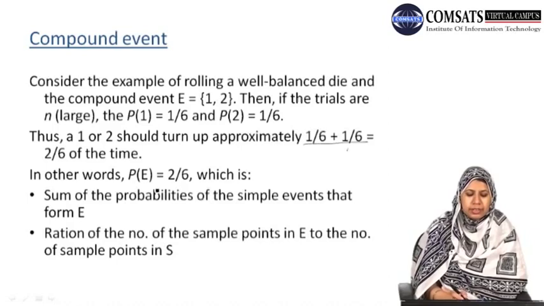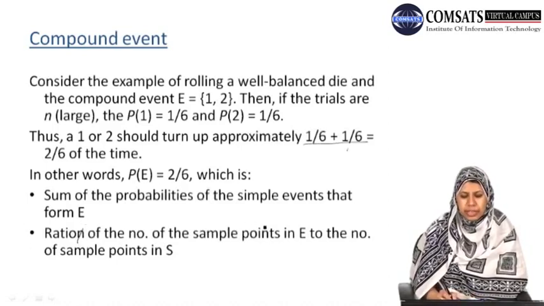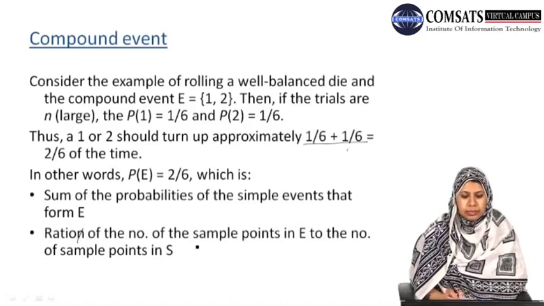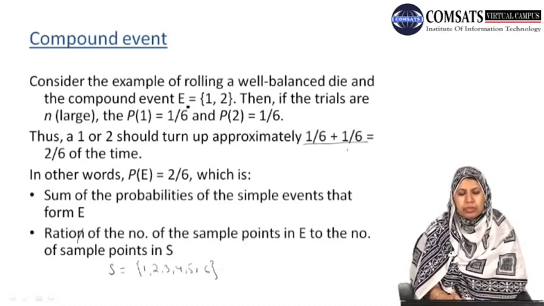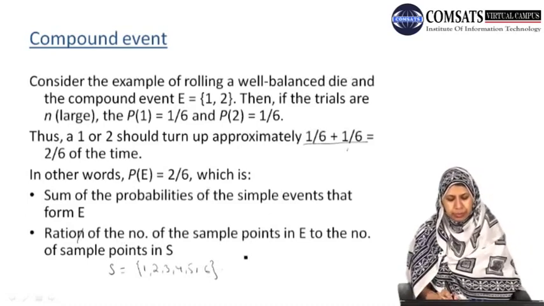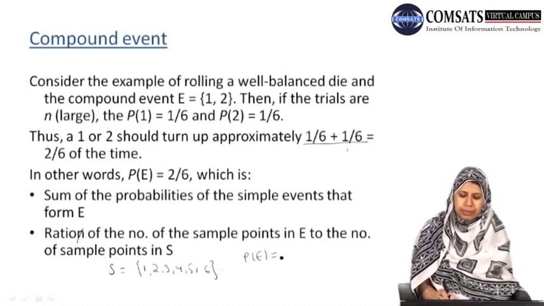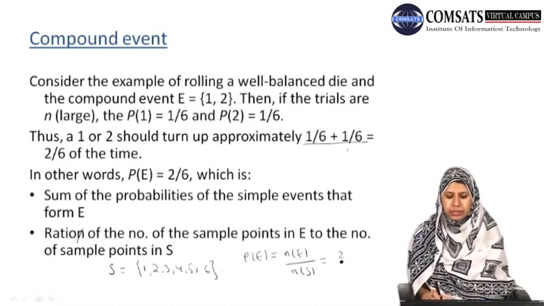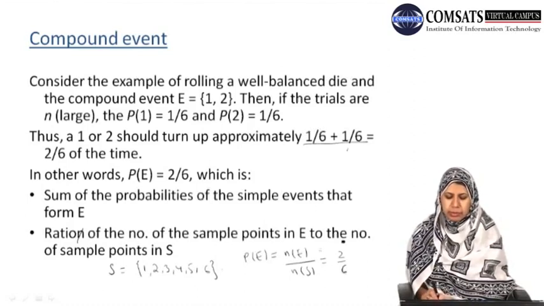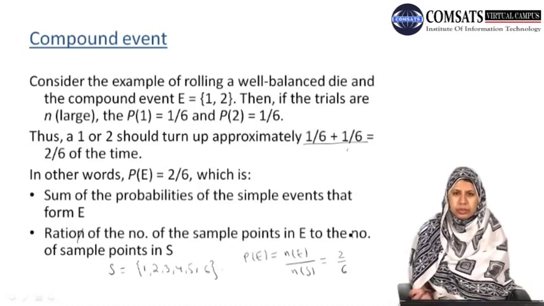The other way to look at it is the ratio of the number of sample points in our event E to the number of sample points in our sample space S. Now, if we recall that our sample space has 6 sample points, then the probability of this compound event E will be the ratio of the number of sample points in our event E to the number of sample points in our sample space S. Now, the event E contains 2 sample points, and the sample space contains 6 sample points, so the probability of our compound event is 2 by 6.